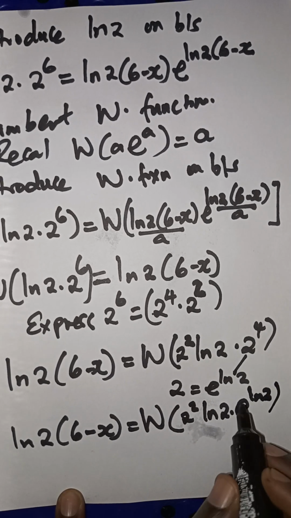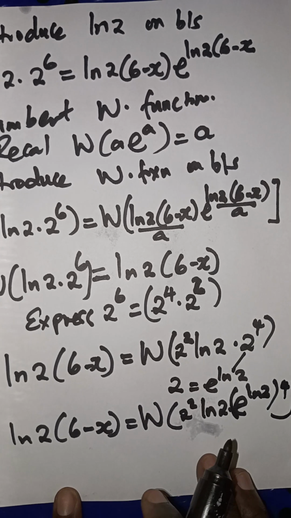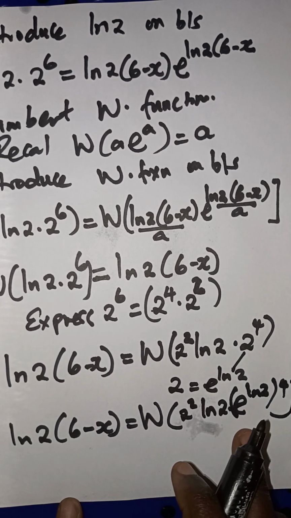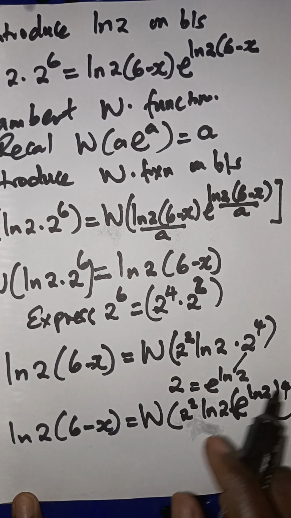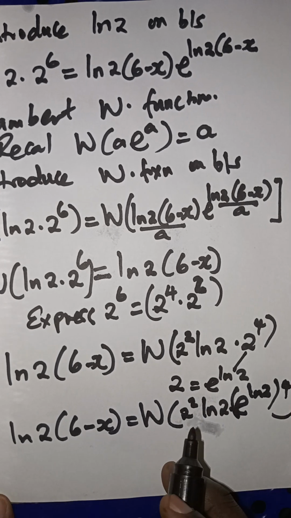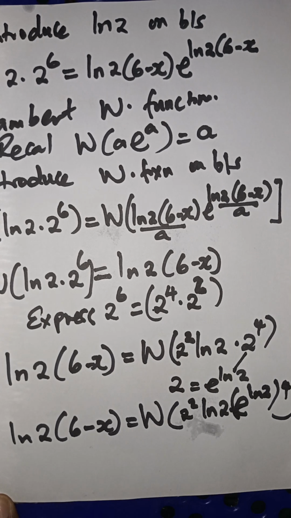But remember, outside I have 4, so you are able to see it clearly. Then this 4 can come down and be simplified as now.